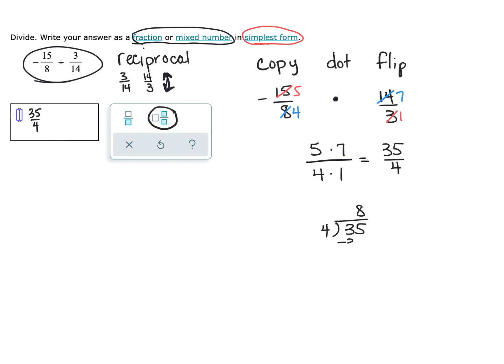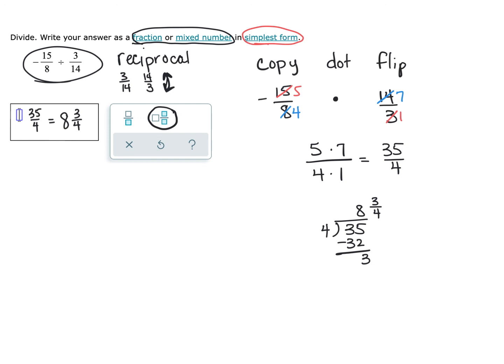That would be 32. And that would leave me with 3 remaining, or 3 out of 4 towards my next whole number. And so if that were the case, we could also write 8 and 3/4.